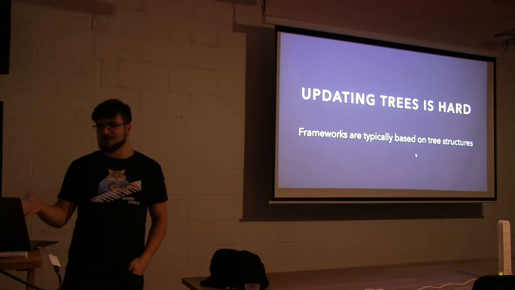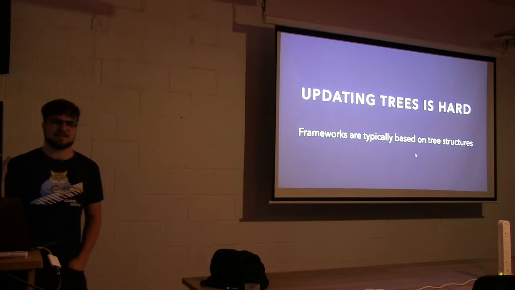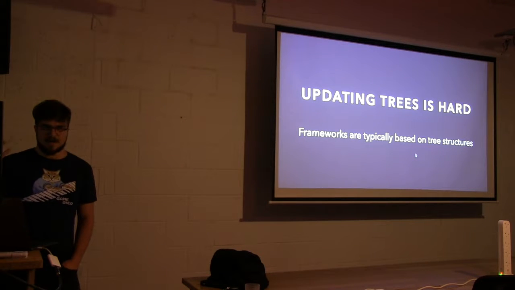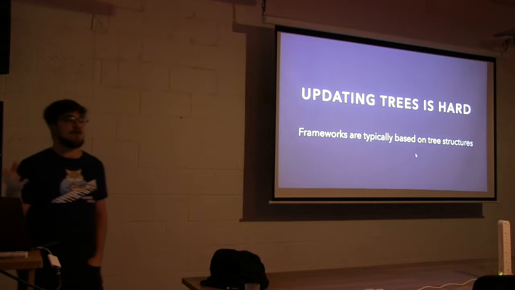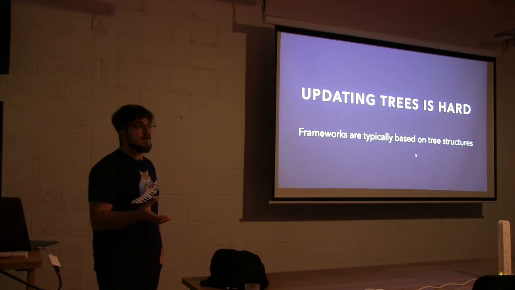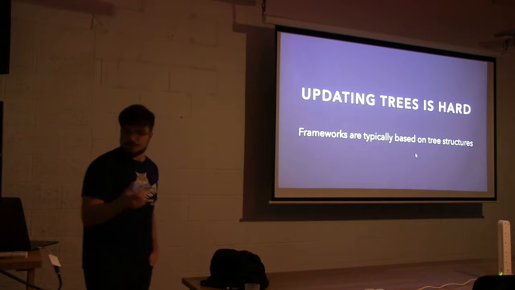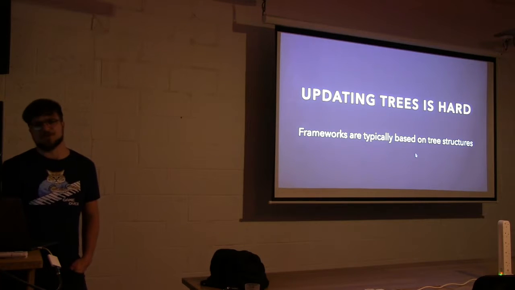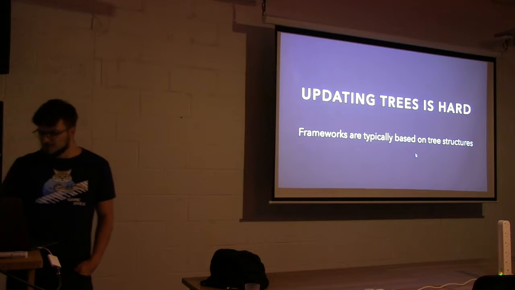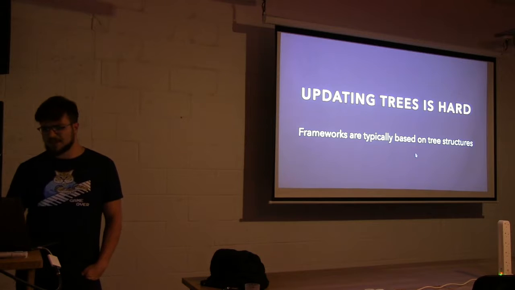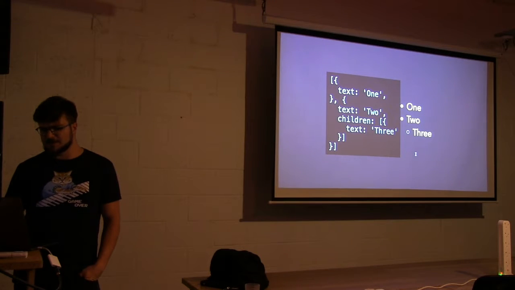The thing it boils down to is this: updating tree structures is really hard. There's no native support for it in JavaScript, so you have to roll your own, and that's really hard stuff to write. I'll give you some examples.